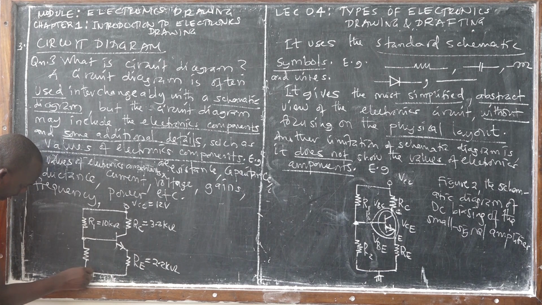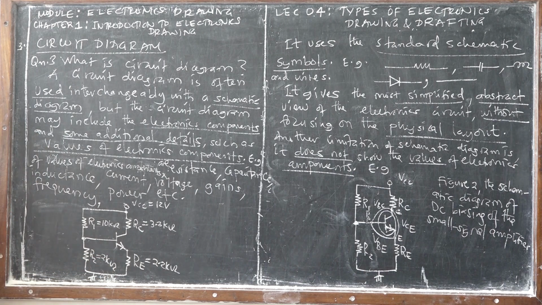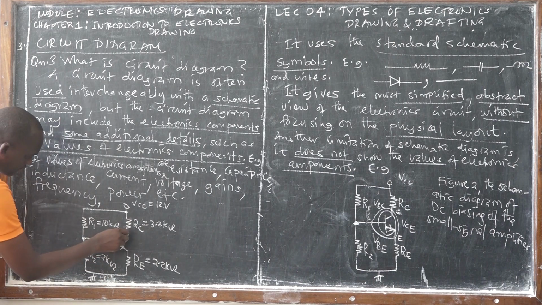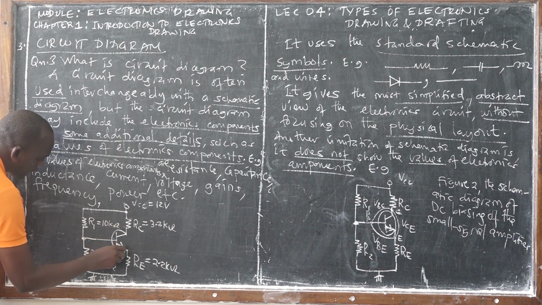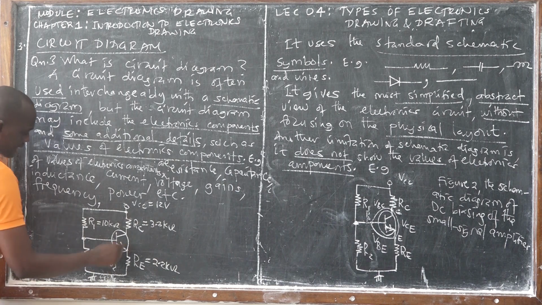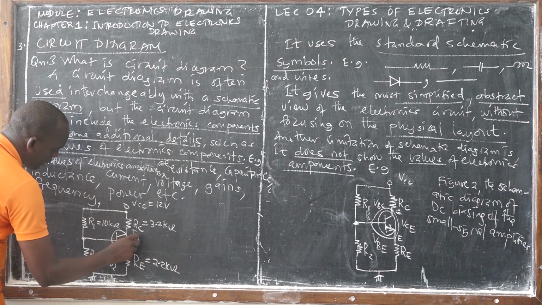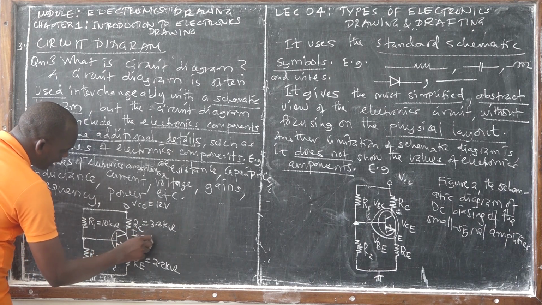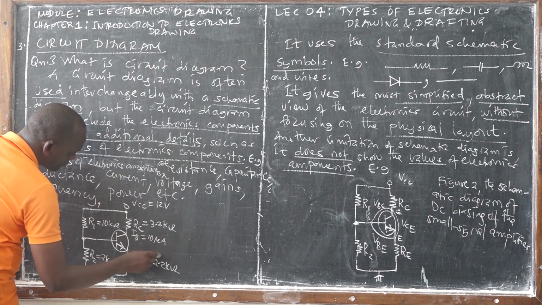Make sure that you always include ground. So this is R2, and the value of R2 is 2 kilo ohm. Then this is the transistor, an NPN transistor. You may also include some values of the transistor, such as the collector current.